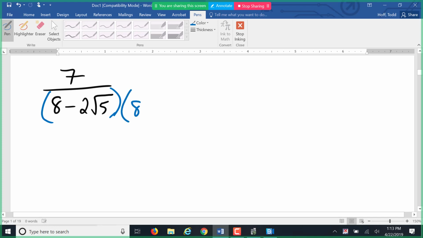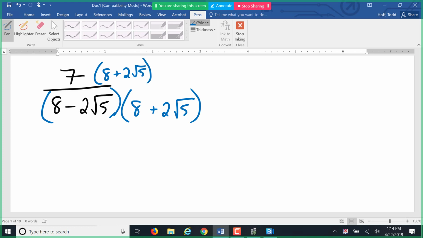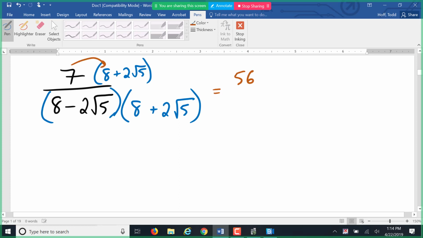Its conjugate is 8 plus 2 root 5. We have to multiply both the numerator and denominator. 7 times 8 is 56. 7 times 2 root 5 is 14 root 5.